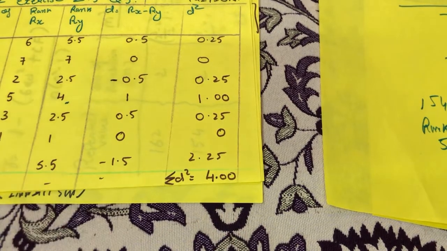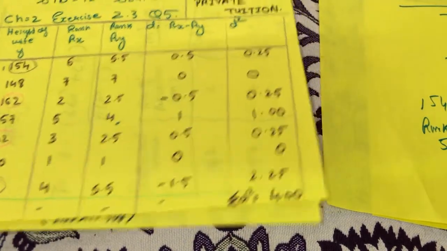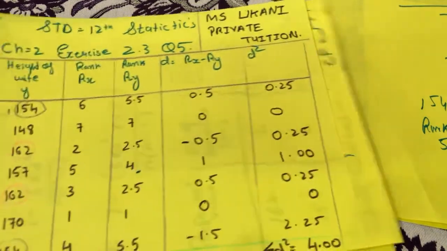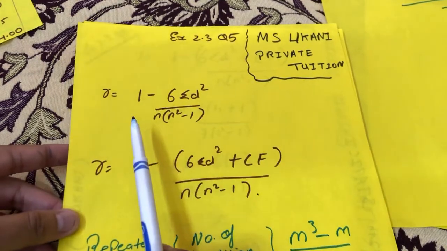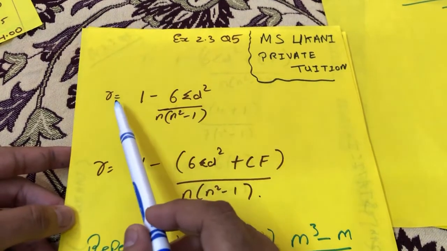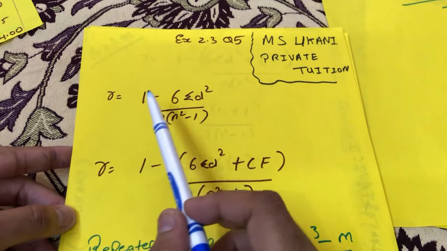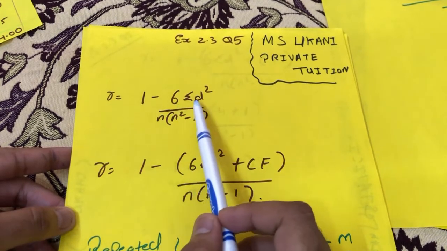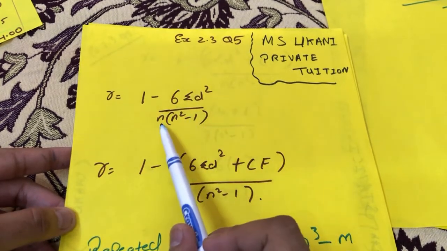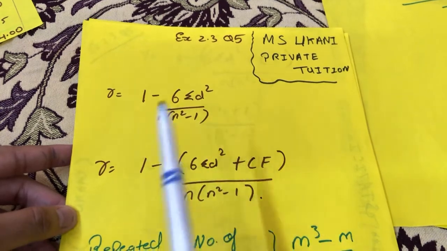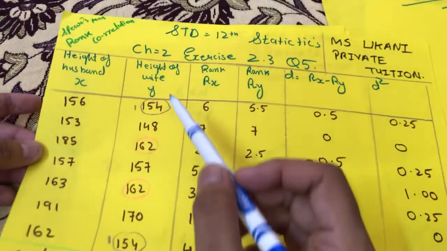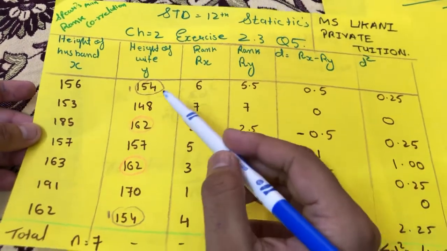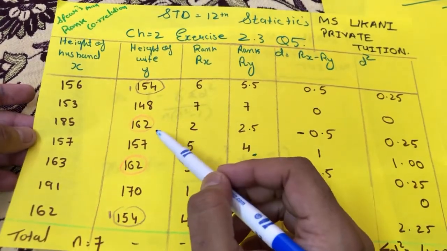So now let us move towards the formula. See, the formula for rank correlation is, as you know, R is equal to 1 minus 6 summation D square upon n square minus 1. But in this sum, we have seen that in column Y the number 2 is getting repeated.